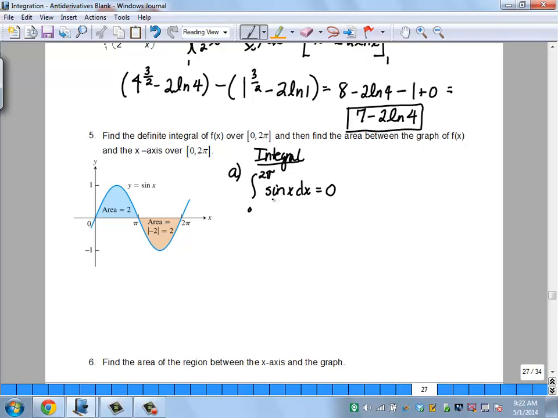So now, when I do the antiderivative of sine, it's negative cosine of x. We're evaluating it from 0 to 2 pi. And how we actually do that is we're going to do negative cosine of 2 pi, right, minus, okay, the negative cosine of 0, so it turns positive.